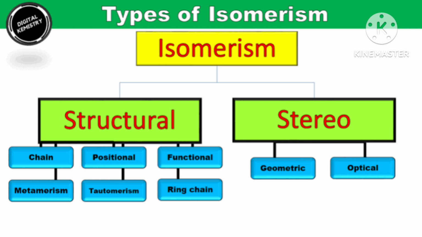Now chain isomerism. When two or more compounds have the same molecular formula but different carbon skeletons, these are referred to as chain isomers, and the phenomenon is termed chain isomerism.